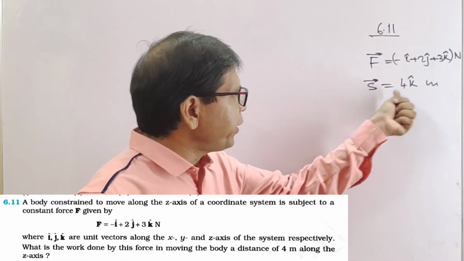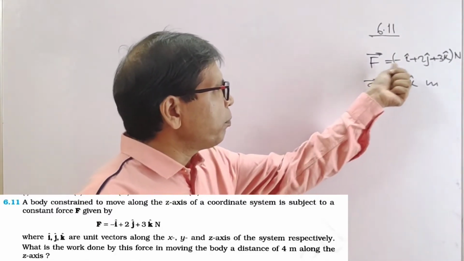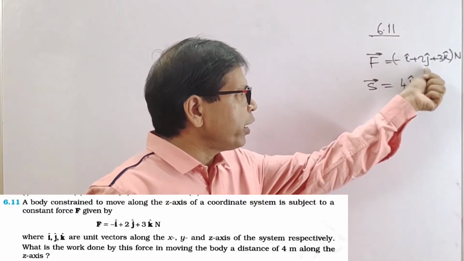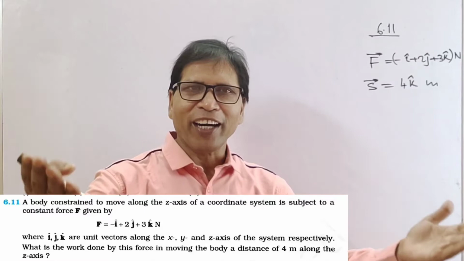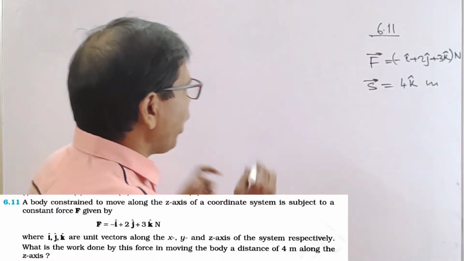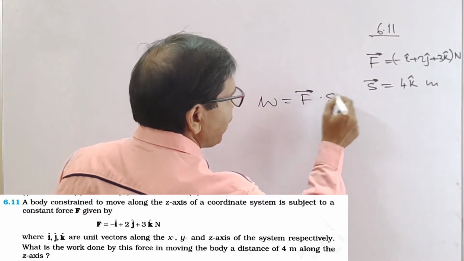Next, NCERT 6.11. A body is restricted to move along z axis by the force minus i cap plus 2j cap plus 3k cap Newton. We have to calculate work done. Now we know work done is equal to F vector dot S vector.